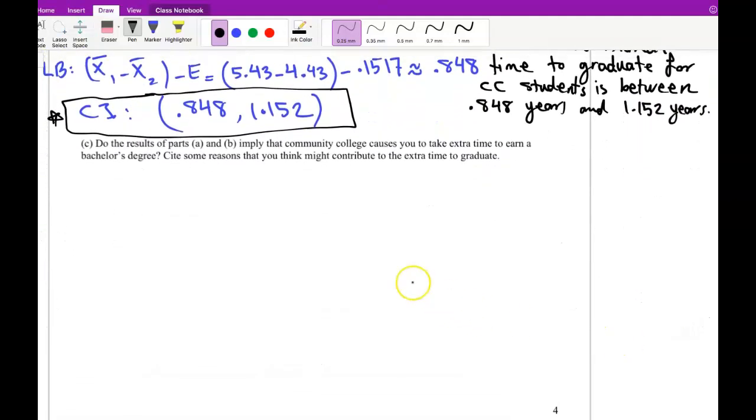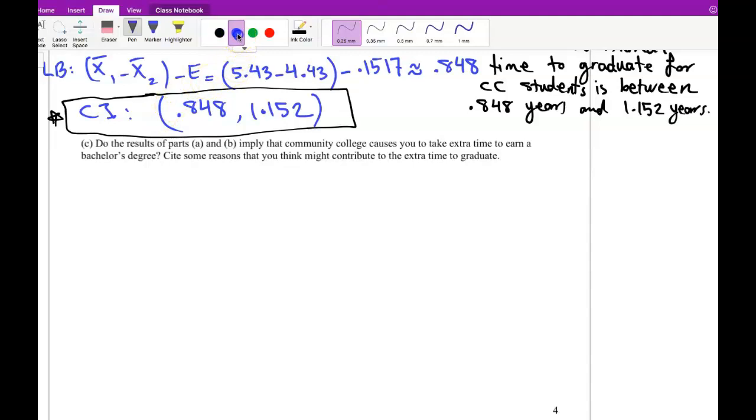Okay, now part C, do the results of parts A and B imply that community college causes you to take extra time to earn bachelor's degree? Okay, so the answer for this part is no, because observational data cannot prove causation. Remember, we had all these observational and causation definitions in chapter 1.